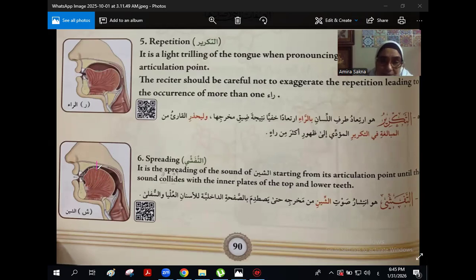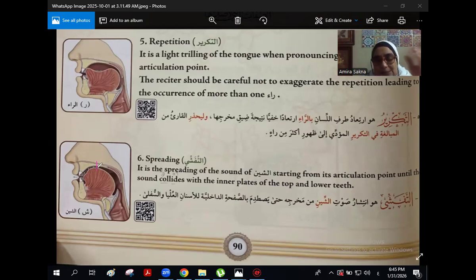The majhur letters, their sound begins from the vocal cords. While the Hams letters, their sound starts from their articulation point. So shin is one of the letters of فحثه شخص سكت. So it's one of the Hams letters or whispered letters. So its sound starts from its articulation point.